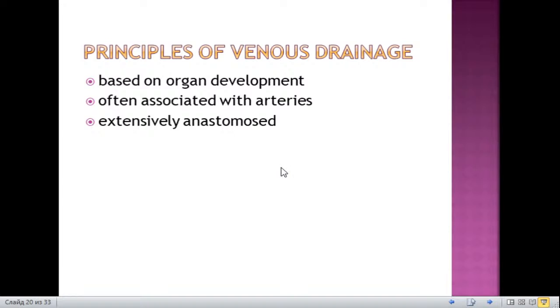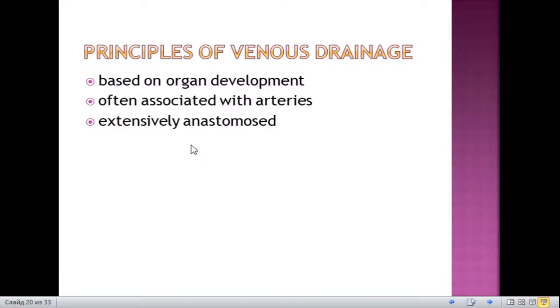So I said a little about the veins of the heart, and you saw that great cardiac veins follow arteries. In reality, veins often repeat the course of the arteries. But in a difference with the arteries, veins are extensively or widely anastomosed.